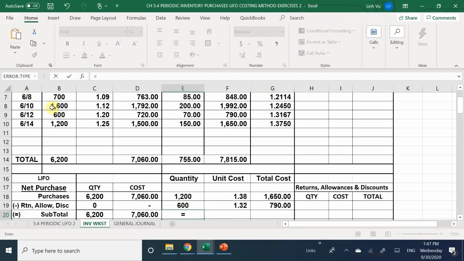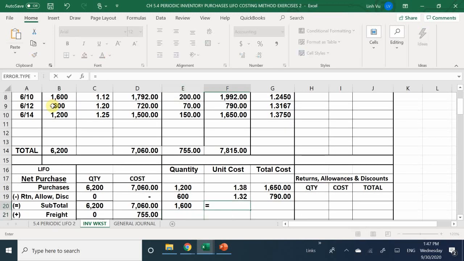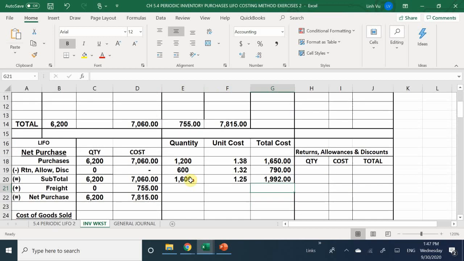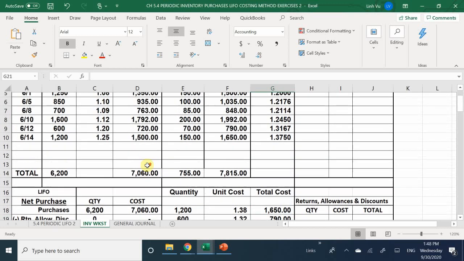All of it or some of it? All of it. And because we're taking all of it, no need for calculations. It's going to be for the full amount of the 1,992. Okay. So now I'm checking my score here. I have 3,400 items sold. I need to reach 5,700. So let's move on to the next batch.